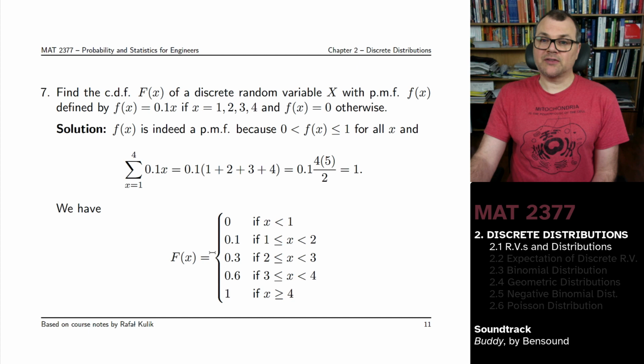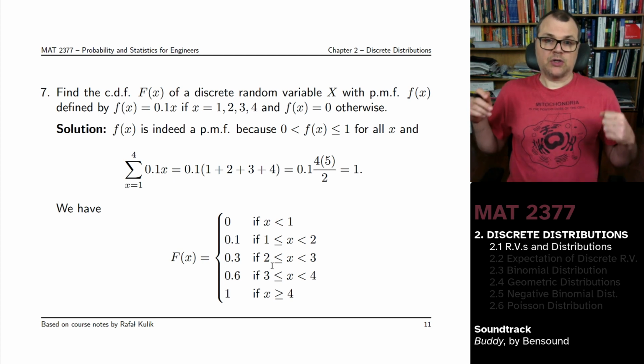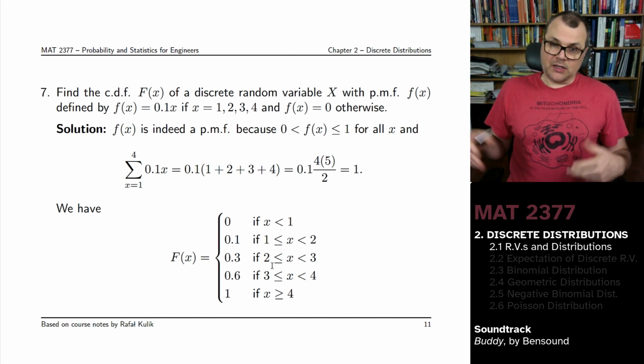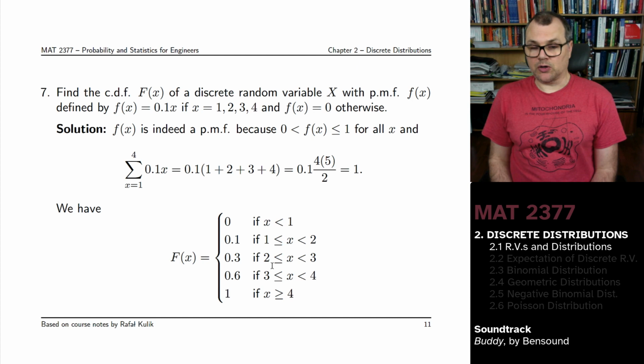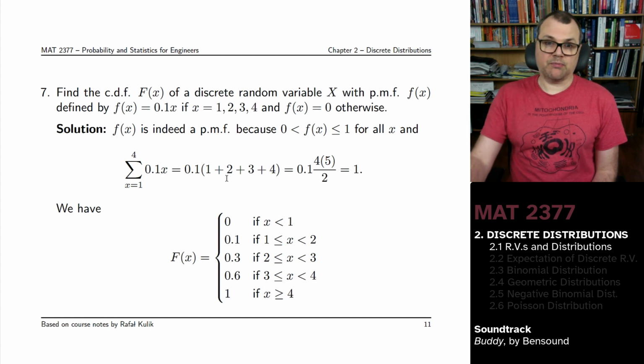Then the cumulative distribution function would take on this value. There's 0% chance you will obtain something which is strictly smaller than 1, because the probability of getting something smaller than 1 here is 0.